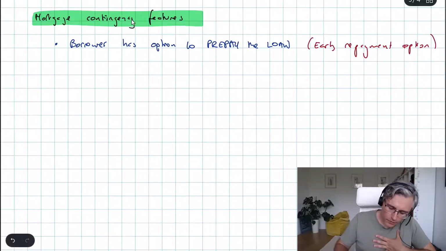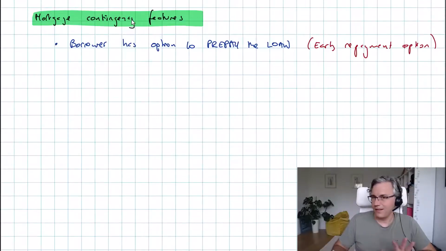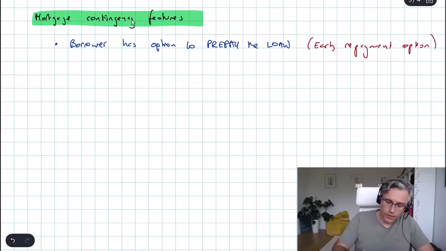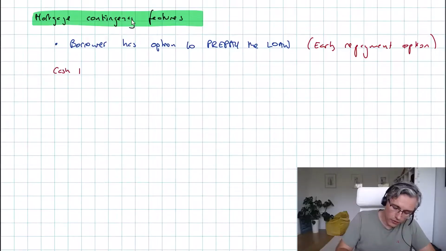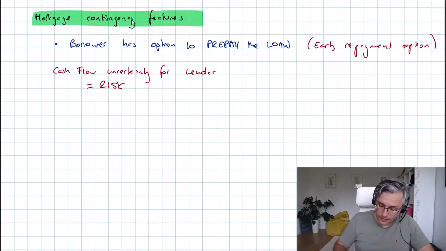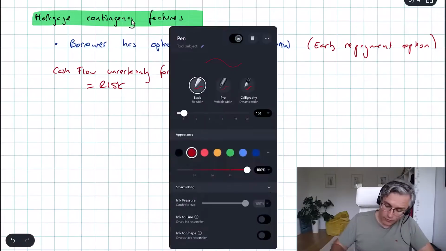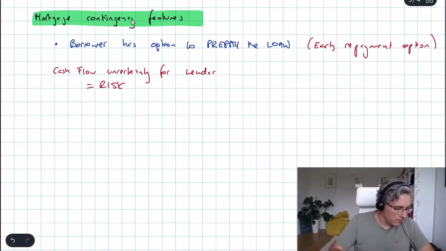Now, from the point of view of the lender, this carries risk because it introduces an element of cash flow uncertainty for the lender. So that equals risk. And lenders try to protect themselves against this risk.